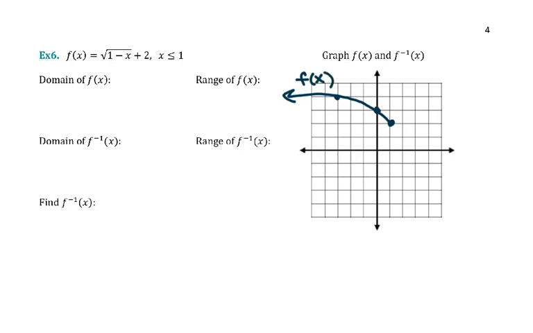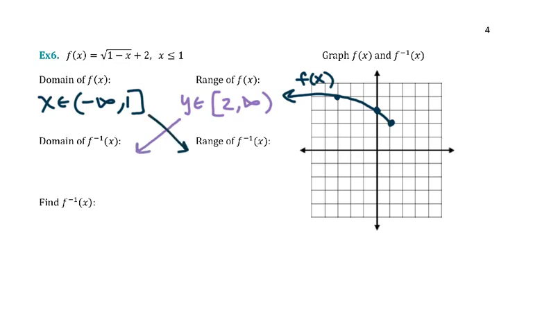The domain of my inverse is that my x values are less than or equal to 1, which was specified in the problem, but negative infinity to 1. The range is that my y values are from 2 inclusive to positive infinity.